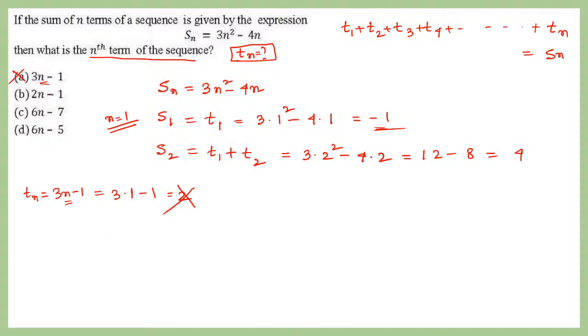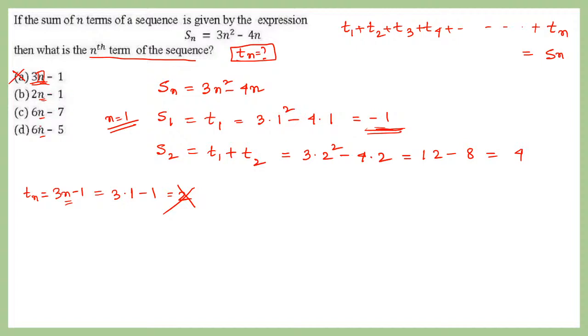We don't even need to calculate, because our first term is negative, that is minus 1, and we can only get that if the first term is smaller than the second term. In each of these options, n is only in the first term, and the second term is independent of n.